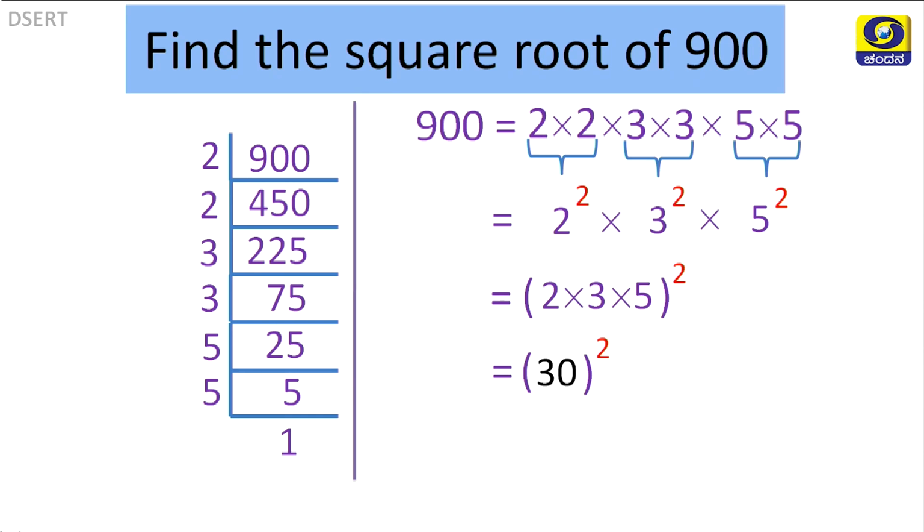That means, 900 is the square of 30. So, when we move in the reverse order, we can say that the square root of 900 is 30. This is symbolically written as square root of 900 is 30.